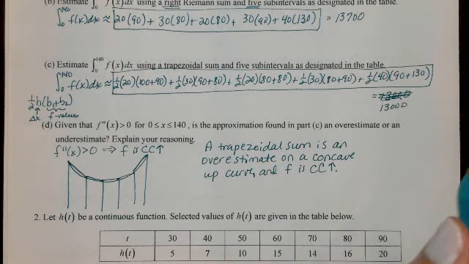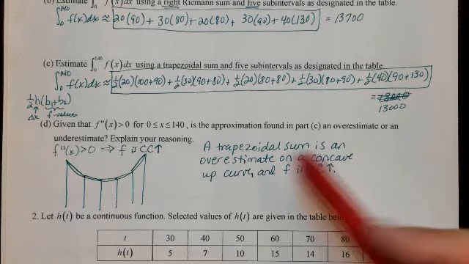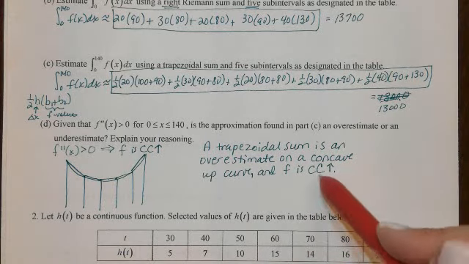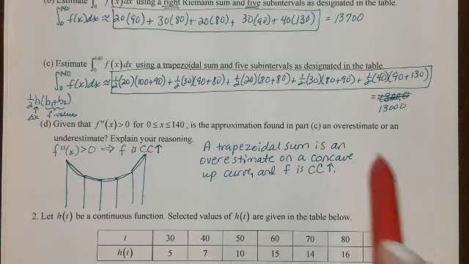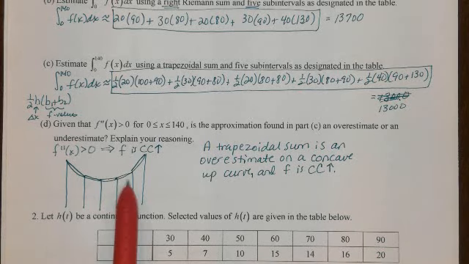That's what I want you to write. Okay, be very, very succinct. Is this the only answer I would take? No. But please avoid writing a huge essay here talking about your trapezoids and the curve and stuff.